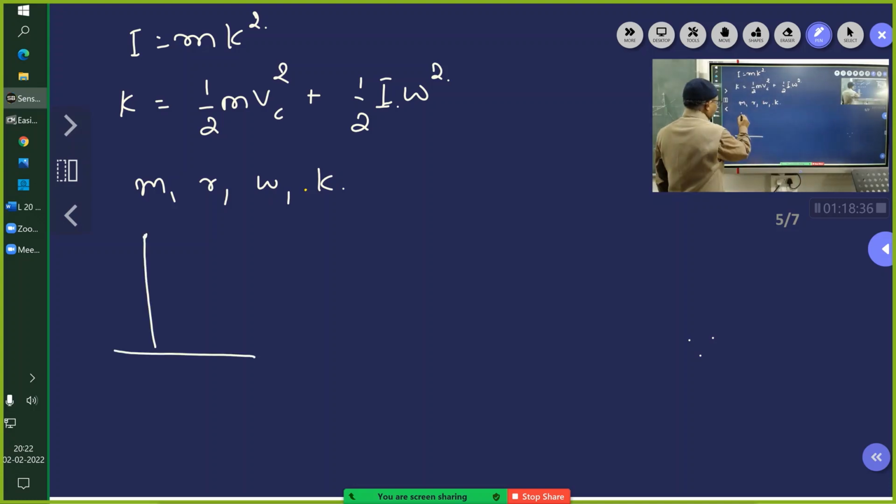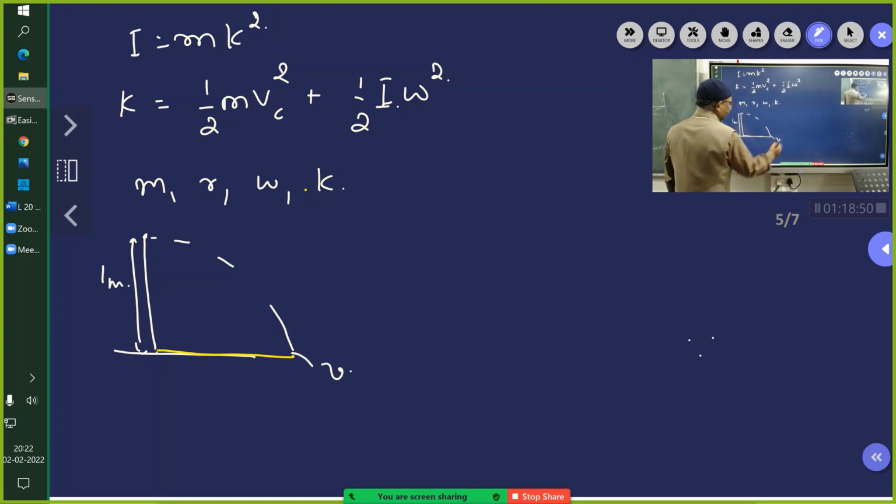So this was the meter scale. Okay, now it will fall flat. So this length is 1 meter. When it is just about to fall, what is its speed?